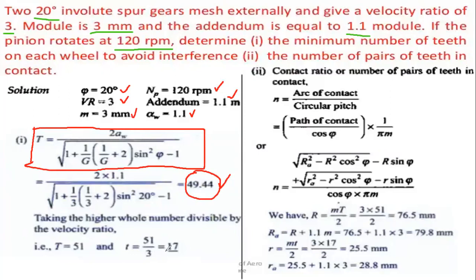Taking 51, which is divisible by 3, we get 17. When we take 48, it is 16. So we have to take the higher value, that is 17. The number of teeth is to be taken as 17.